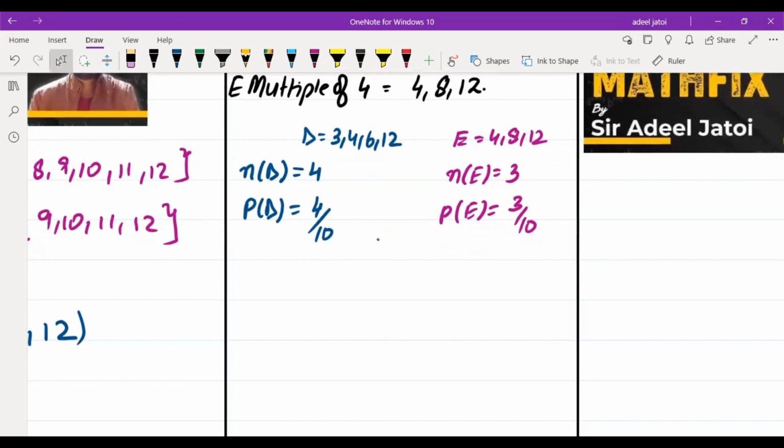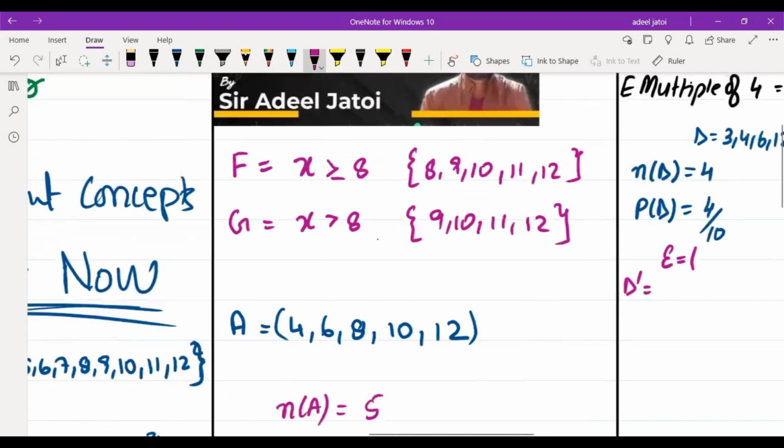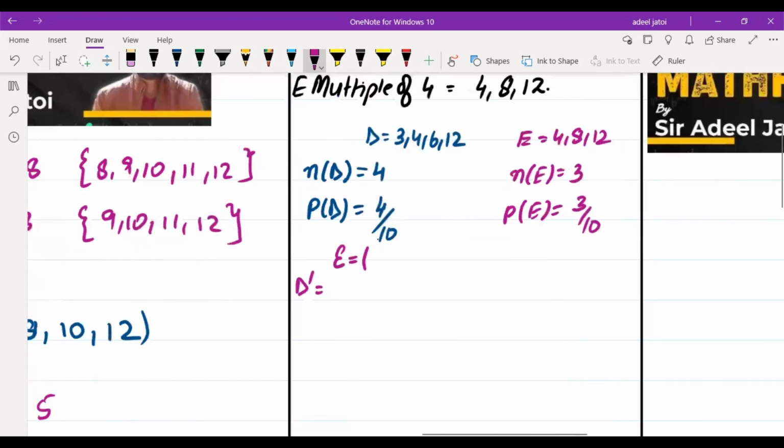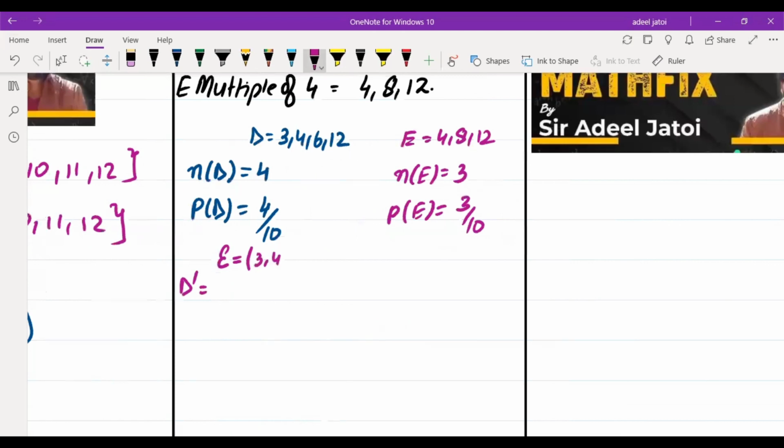Now let's work on D complement. If I look at the universal set, it started with the number 3 till 12: 3, 4, 5, 6, 7, 8, 9, 10, 11, and 12.